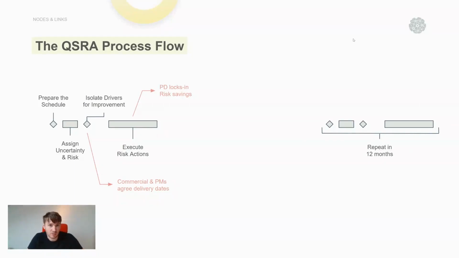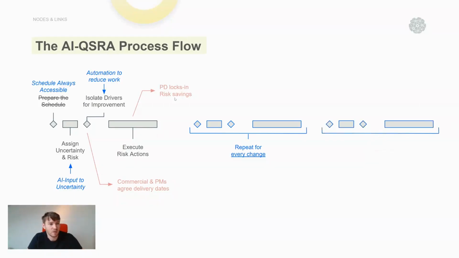With artificial intelligence, we save time. We don't need to summarize 50,000 line schedules because AI can deal with volume of data very easily. It saves us time. Using past data and machine learning, we can recommend uncertainty distributions and risk events so that we're automating elements of that point in the process.